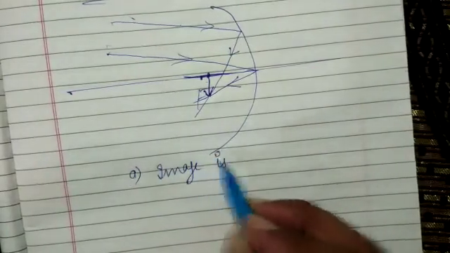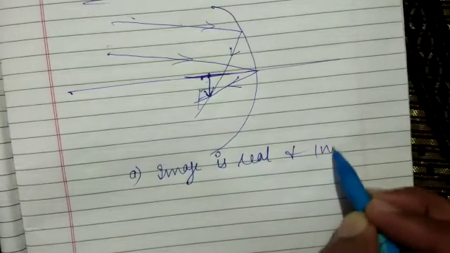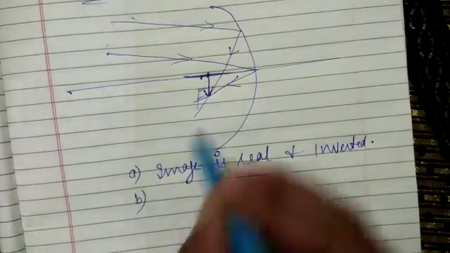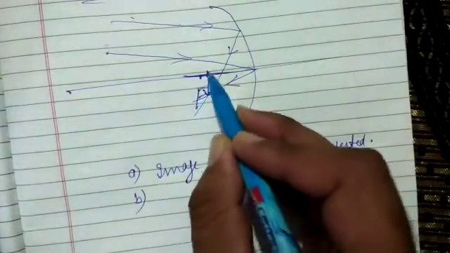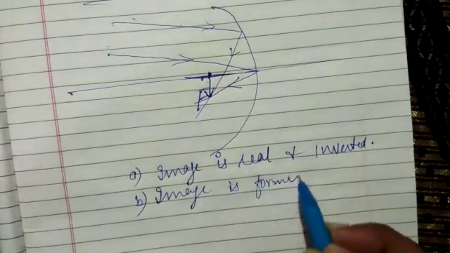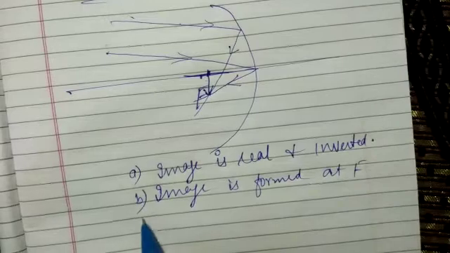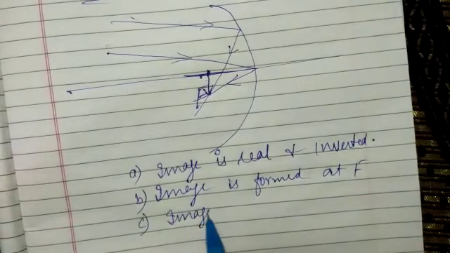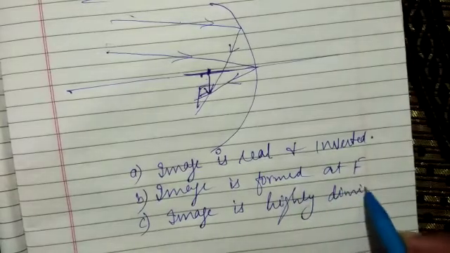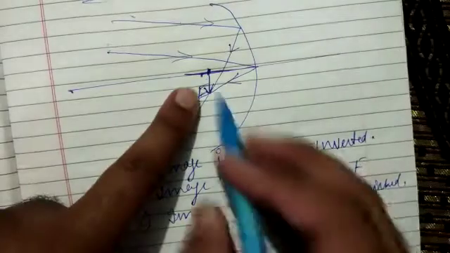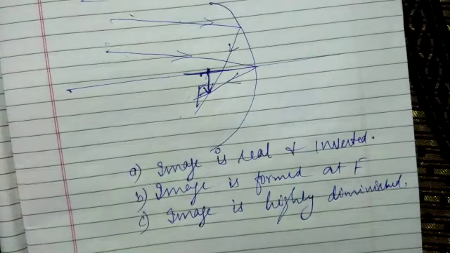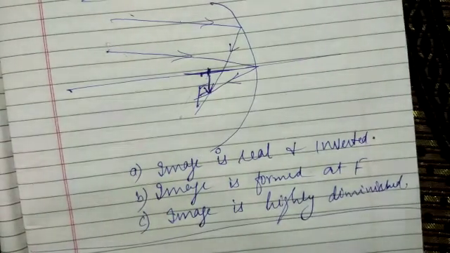The image is formed at F. The image is highly diminished. Diminished means very small. I have made it a little bigger to make you feel about the image. So these are the six ray diagrams. Thank you.